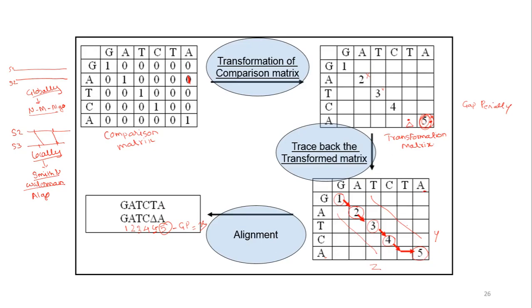Because it appears to be quite binary. If there is identity, we give the score of 1. Otherwise we directly give the score of 0 if it is not identical. So what you are doing here is considering only the identity between the two residues of either nucleotide or protein sequences when you compare the two sequences.